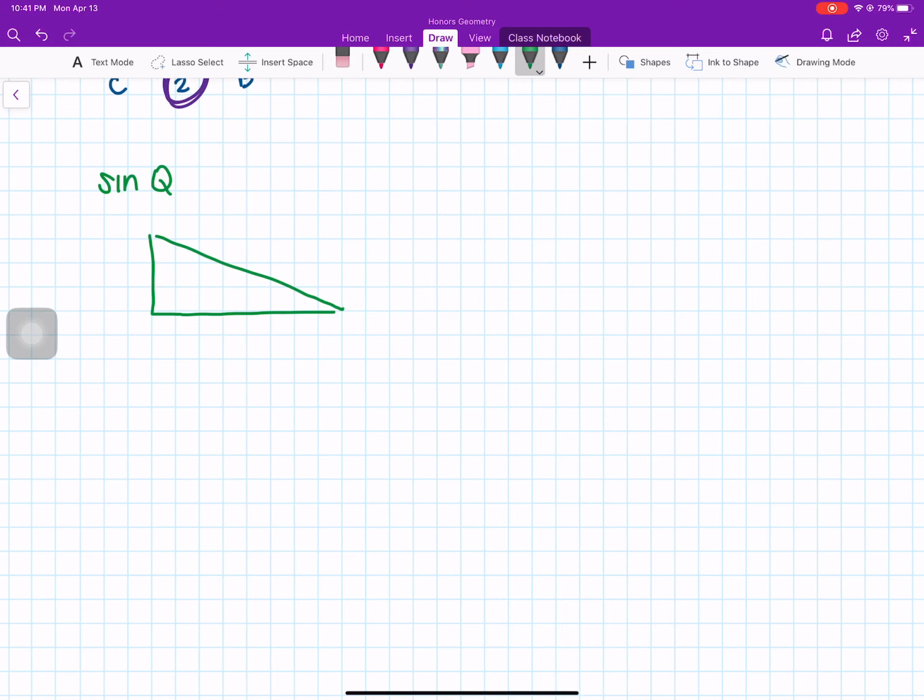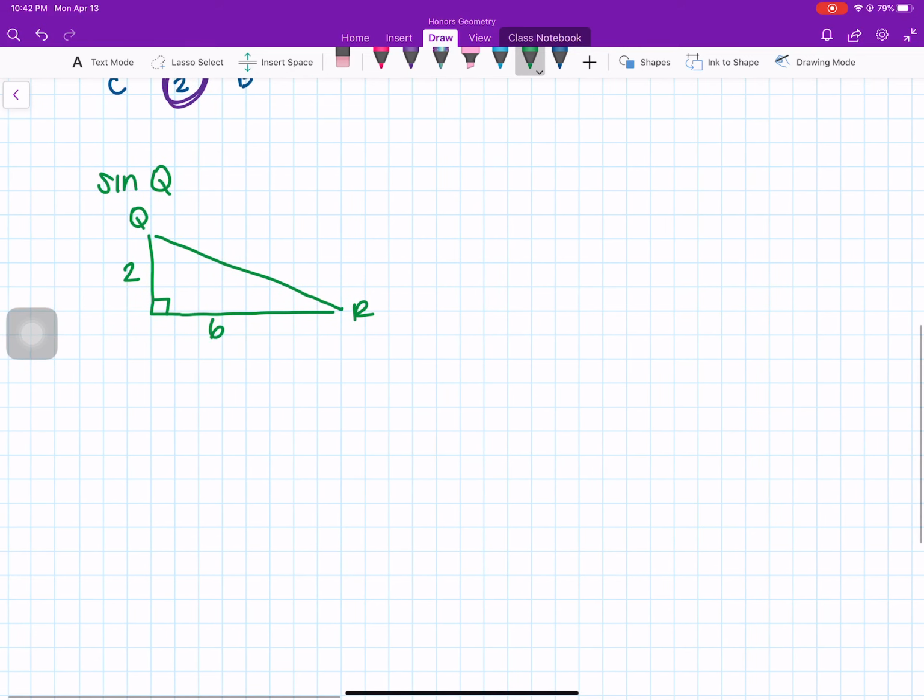And we'll say that this side is 2 and the other side is 6. And here's my right angle, and we'll call this triangle QRS.